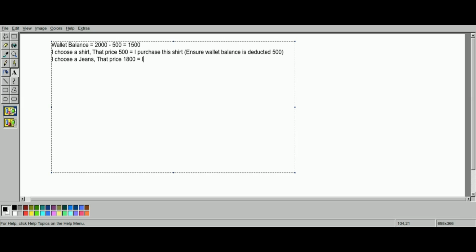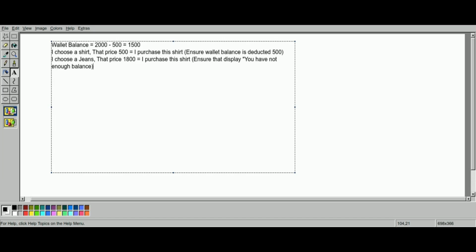Okay, and I purchase these jeans. After that, ensure the display says you have not enough balance.